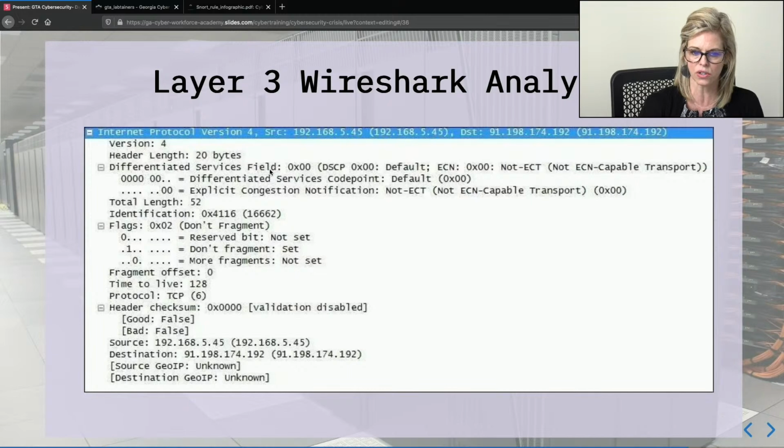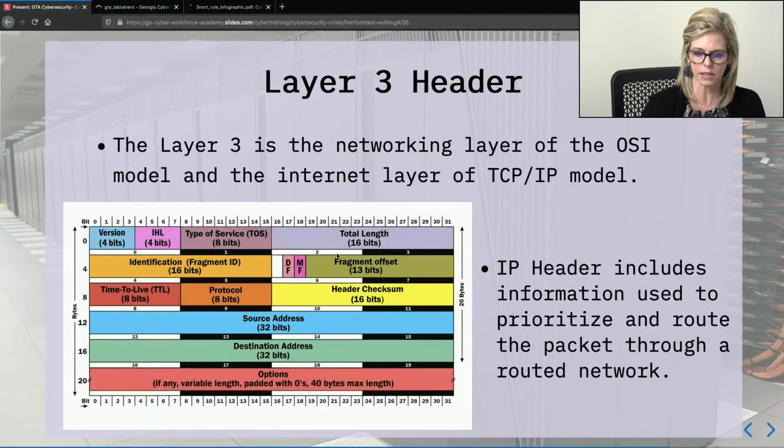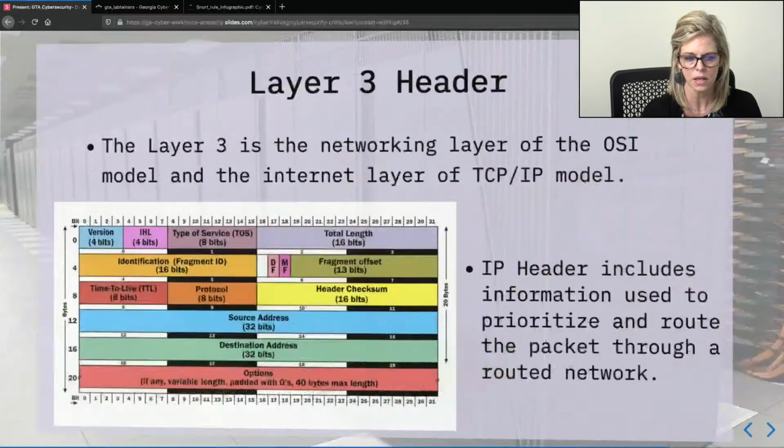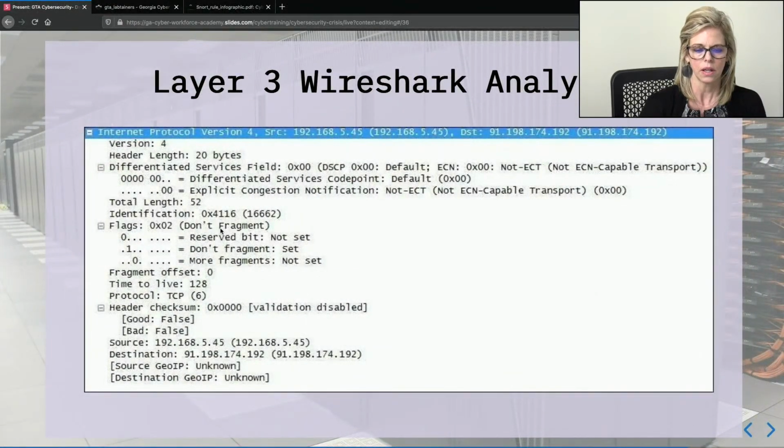So this differentiated services field is that TOS byte that I talked to you about, where we can change the TOS byte to prioritize this packet. When it's read and processed by different devices, it will be processed and placed in the queue based on its marking here. Your flags, if we move back to this area here for the fragment offset and those different flags, you see those are listed, the don't fragment and more fragments.